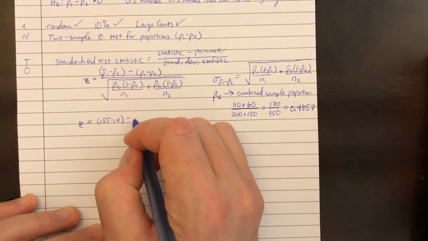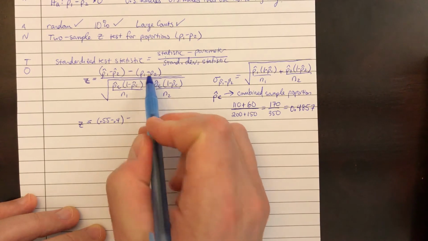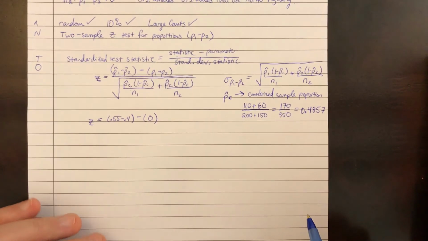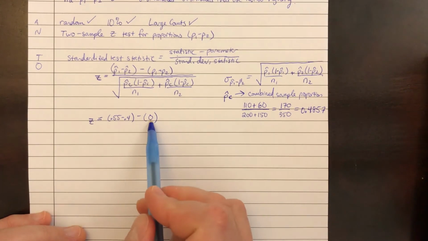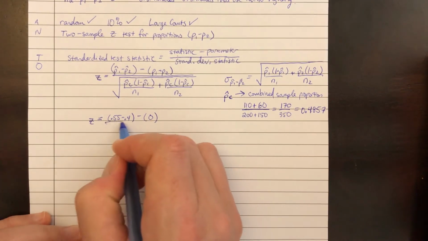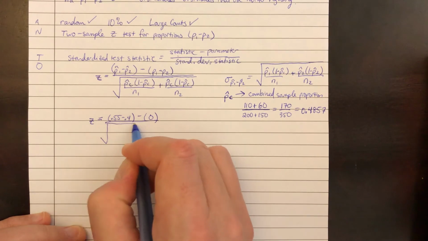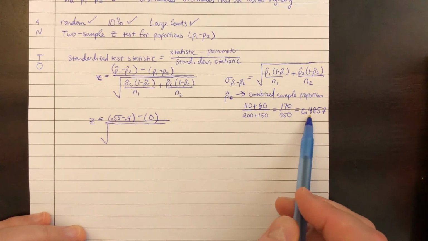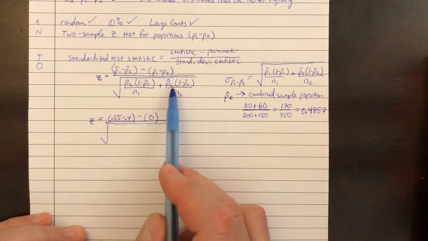Now p1 minus p2, the true proportions, remember we're saying that those are equal to each other, so their difference is 0, over, and then we have the big square root. We're going to use the same combined proportion in both of these fractions.